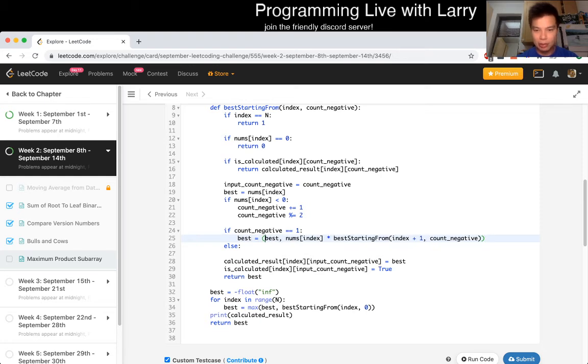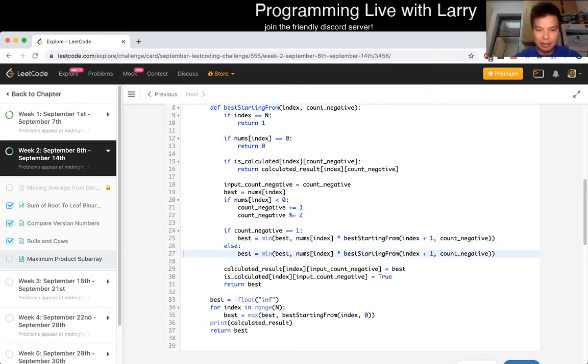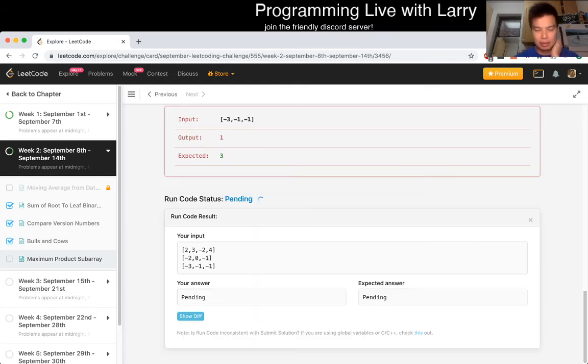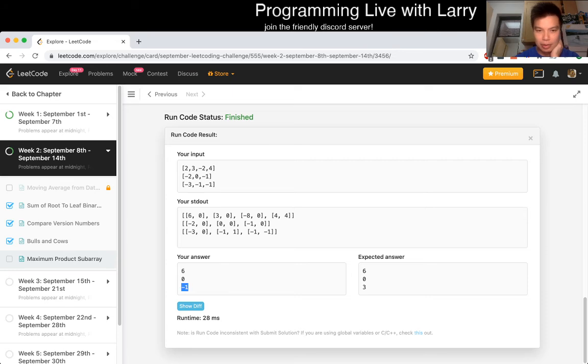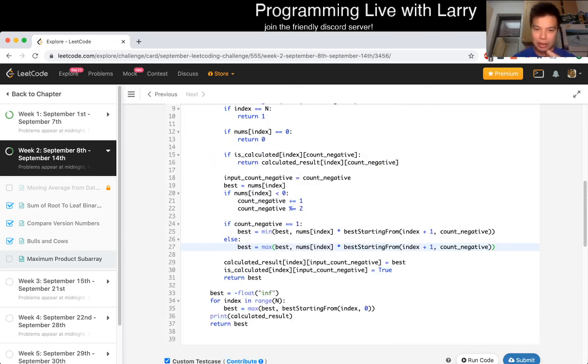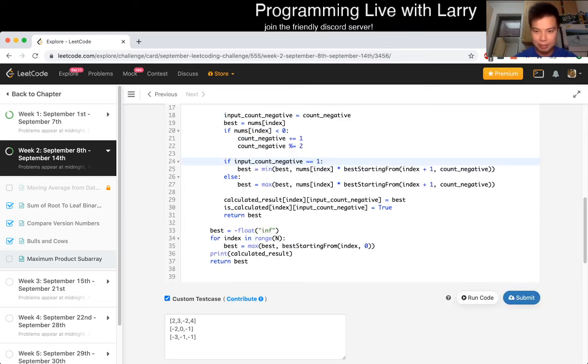Or we want this to return the minimal answer. Right? Because we want the min as in the best negative answer. I think this should be right. But, ooh. Maybe not.